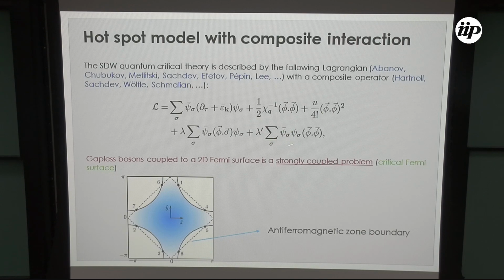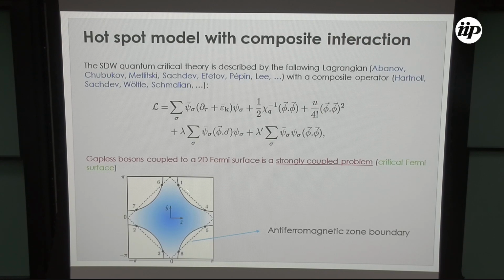As you see here, the fermions scatter off a composite operator here with two spin fluctuations. So this is important because, as you're going to see, this interaction couples to the whole Fermi surface of the system, whereas this spin-fermion coupling, the lambda, only couples to the so-called hot spots.